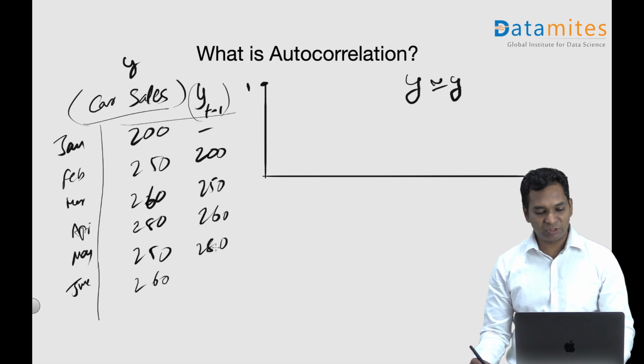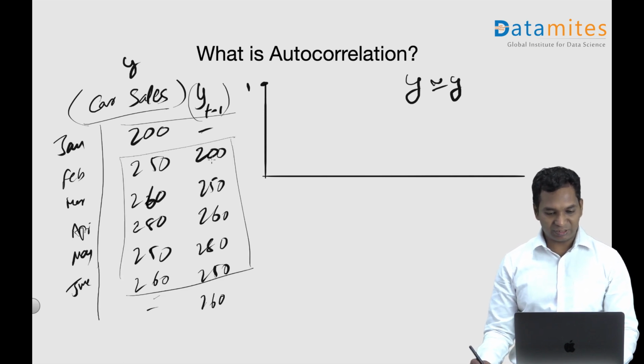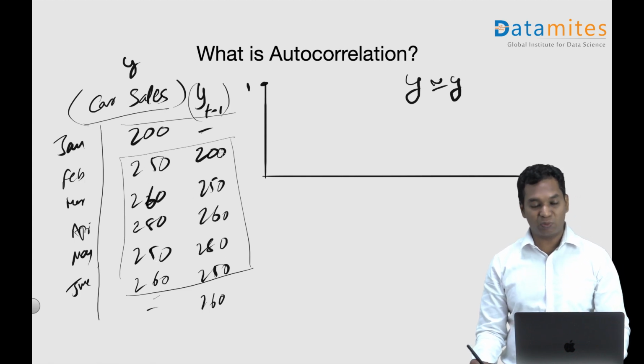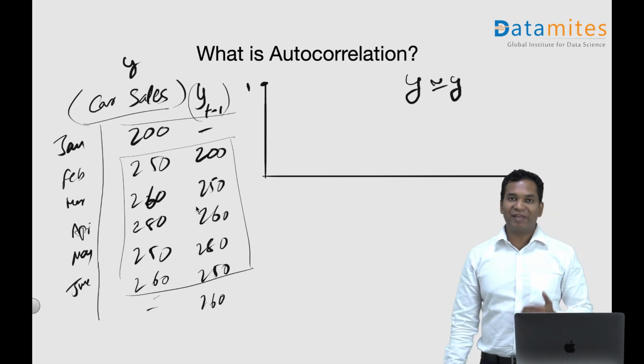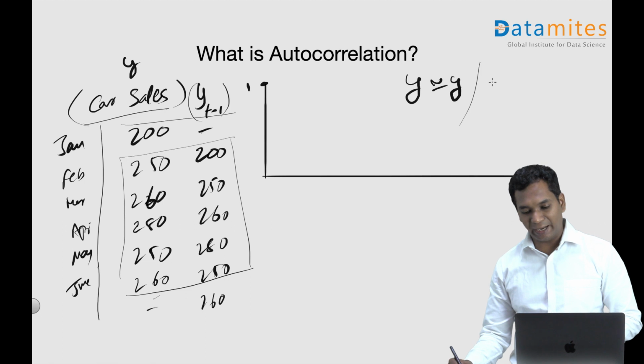You're just pushing it a bit. So this and this values become absent. This series is the one lag series, and this is the original series. This original sale is a one lag sales. Then you compute a correlation between y and y one lag.